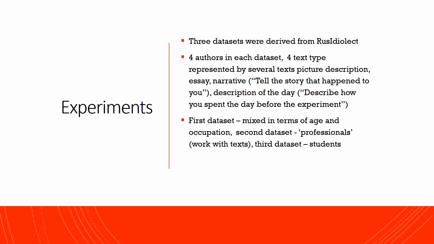Each author's idiolect was represented by 4 genres: picture description, essay, narrative (tell the story that happened to you), and description of the day (describe how you spent the day before the experiment).